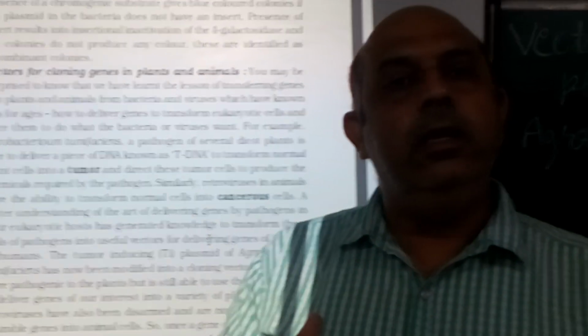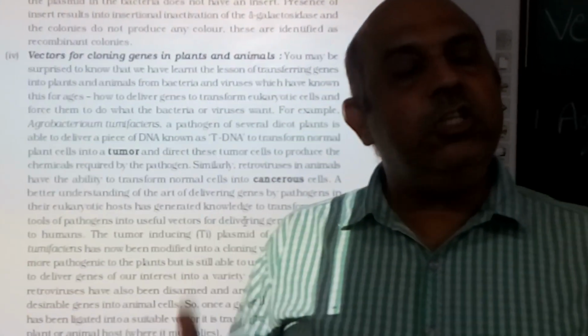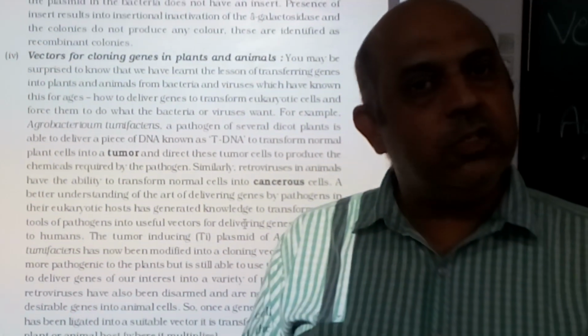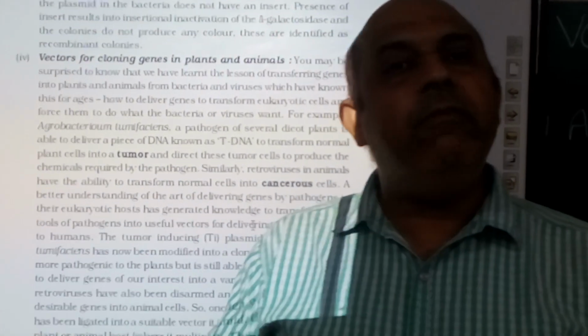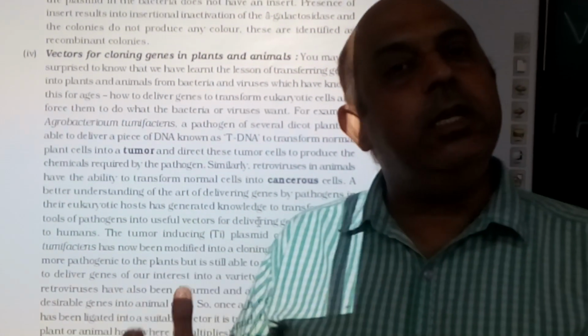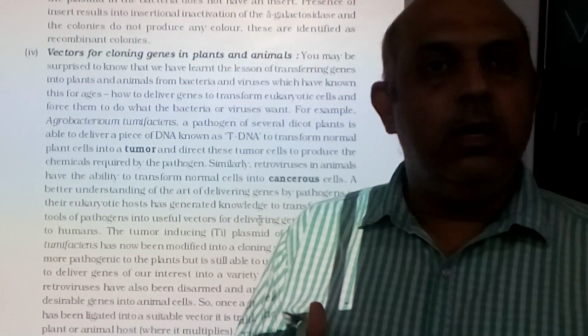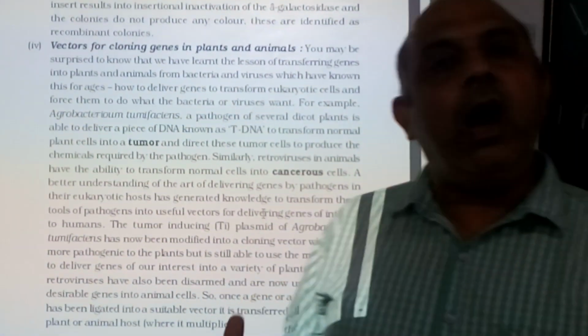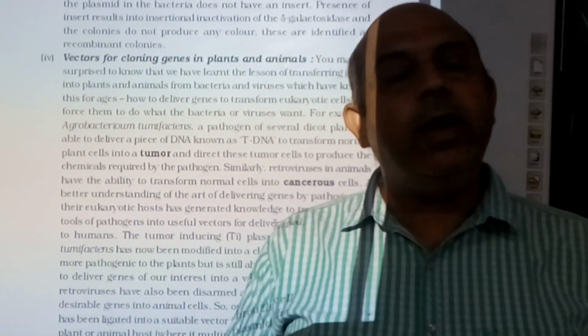And interestingly, how to deliver the genes into plants and animals, we have learned this from microorganisms, that is the bacteria and the viruses. Bacteria and viruses are doing this practice for a number of years.